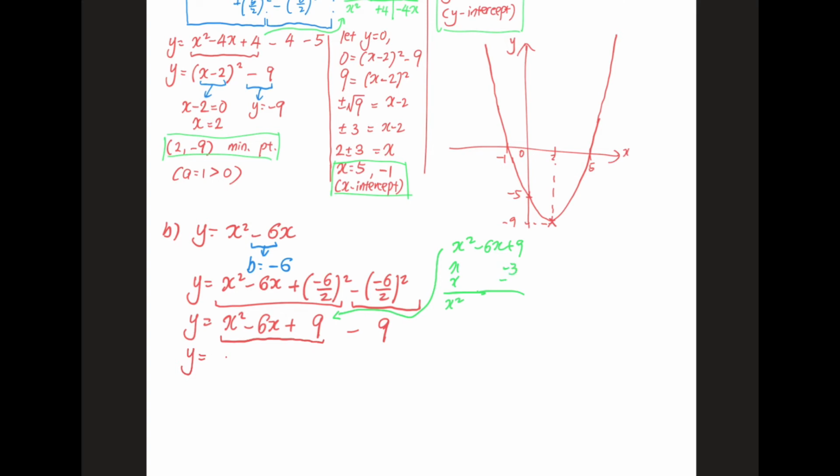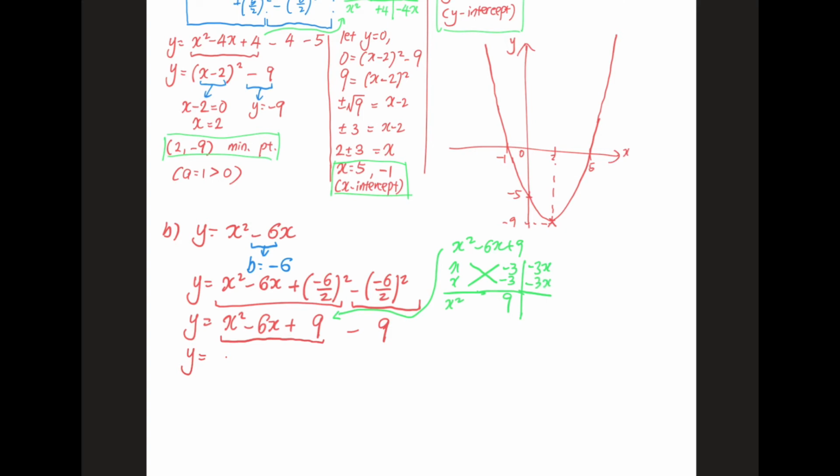Then minus 3 times minus 3 is positive 9. I take minus 3 and minus 3 because when I add up minus 3 and minus 3, I get minus 6. It must be the same as the term in the middle. So x times minus 3, minus 3x. We can cross multiply to double confirm.